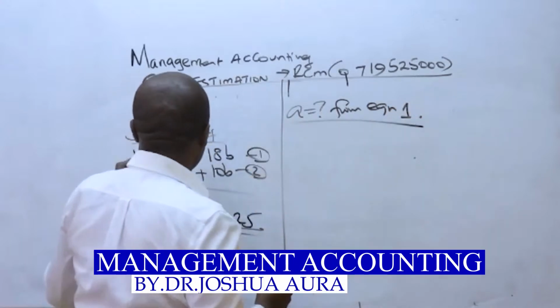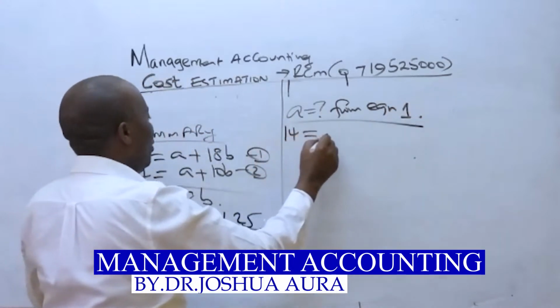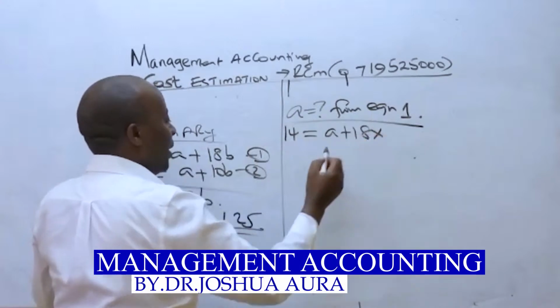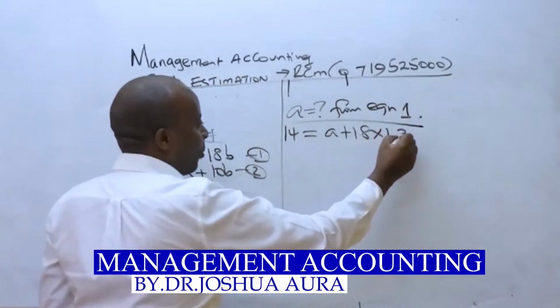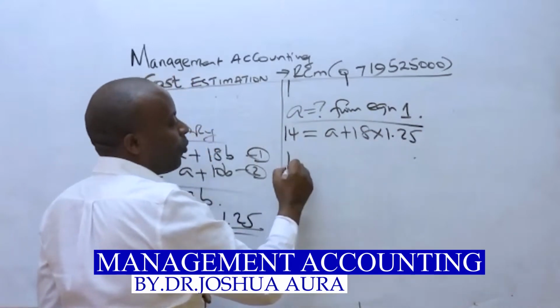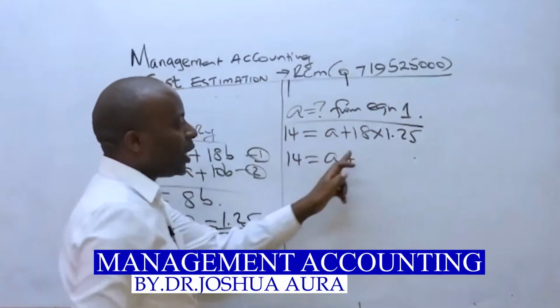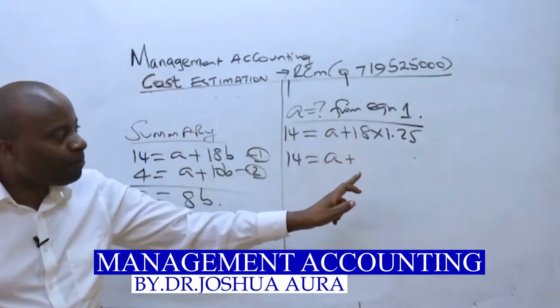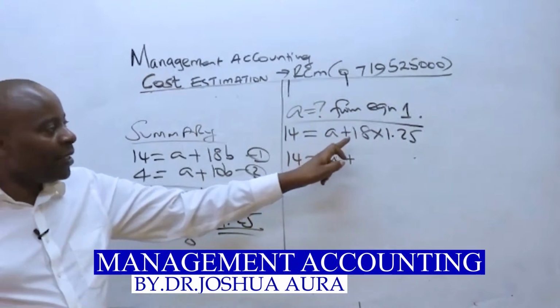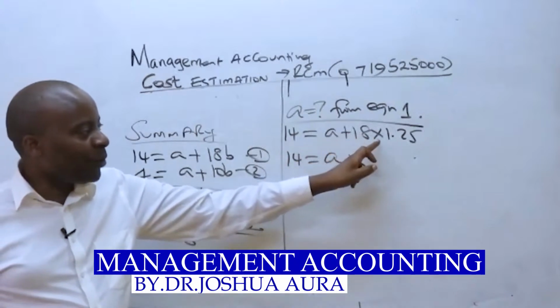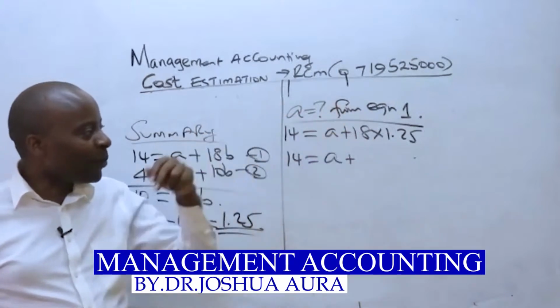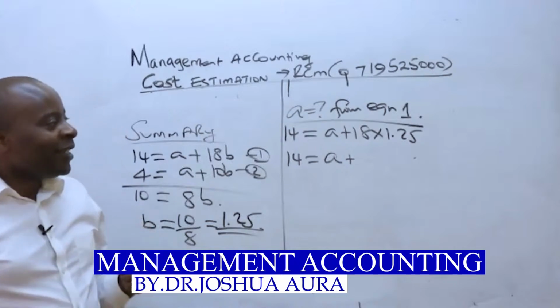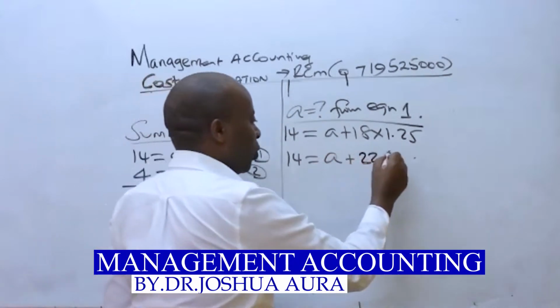So from equation number 1, we have 14 equals A plus 18B. But fortunately, we know that B is 1.25. So then 14 will be equal to A plus, what is 18 times 1.25? 22.5, thank you very much.